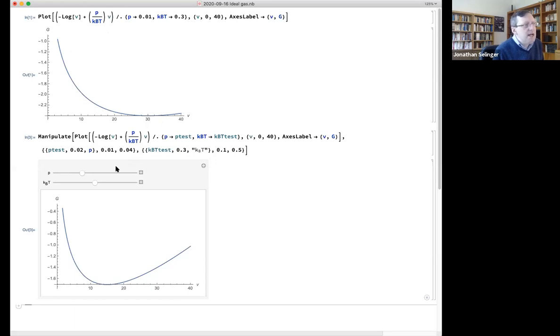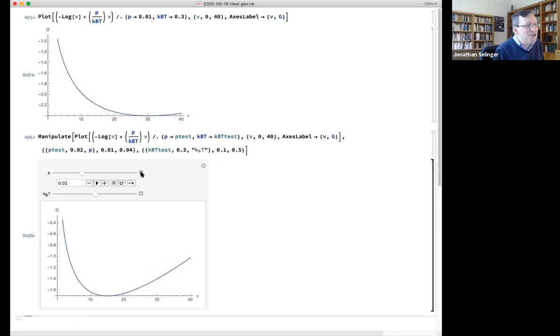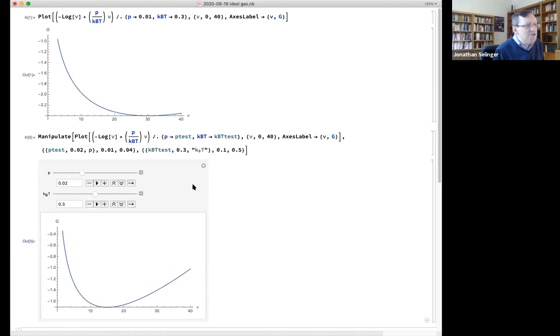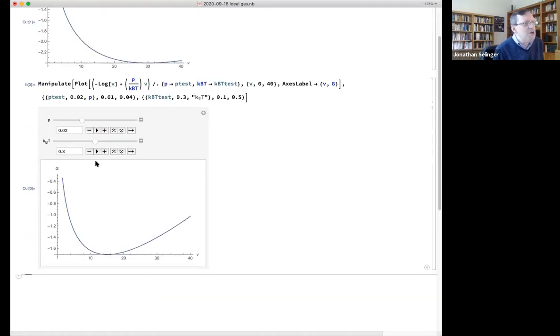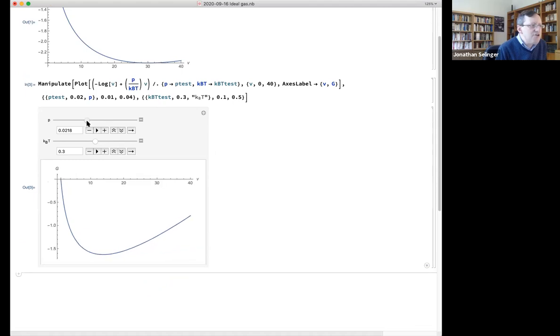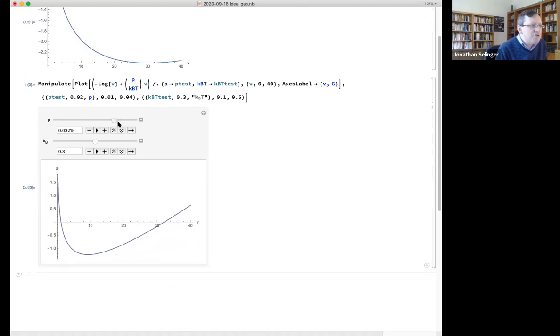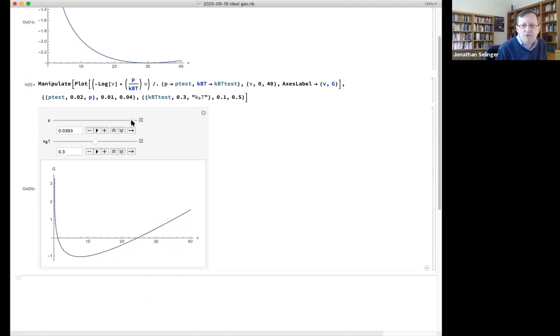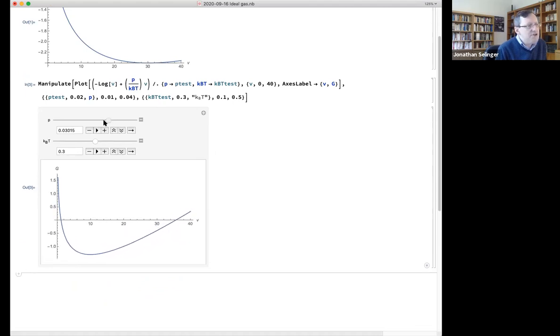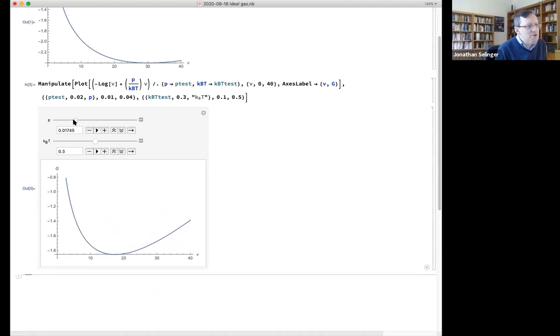And here's the nice interactive version of that plot with adjustable sliders for pressure and temperature. You can see if I increase the pressure, then the optimum gets shifted to smaller and smaller volumes. If I decrease the pressure, the optimum goes out to larger volumes.